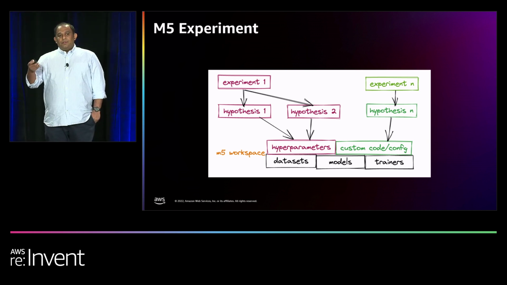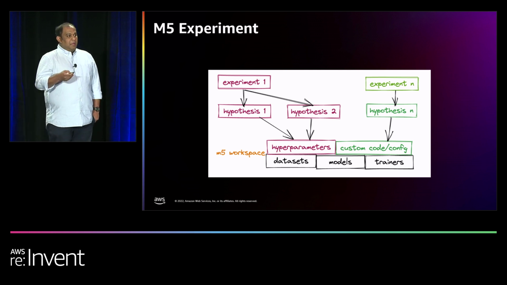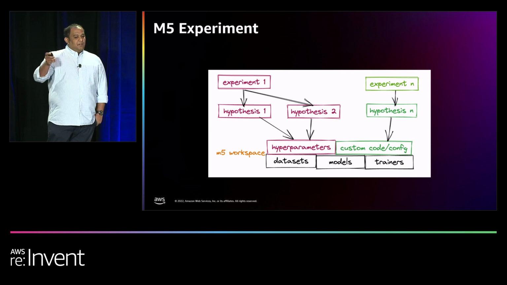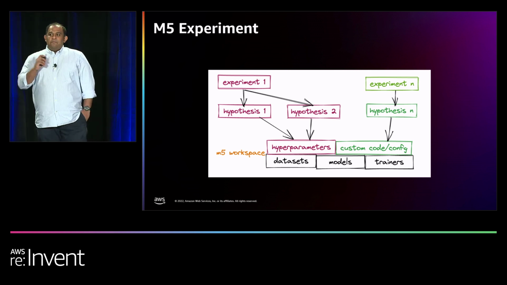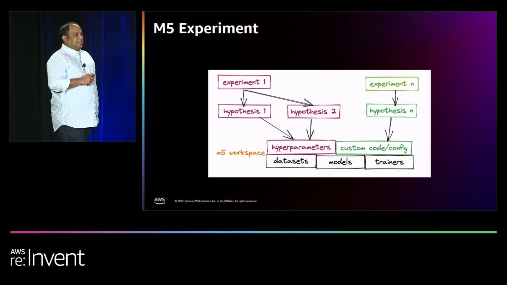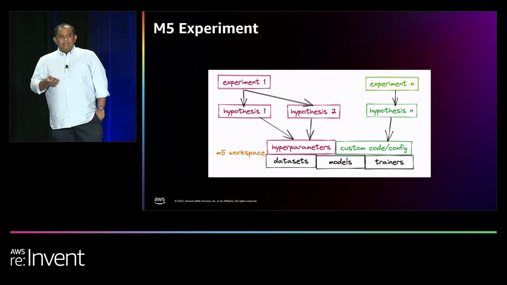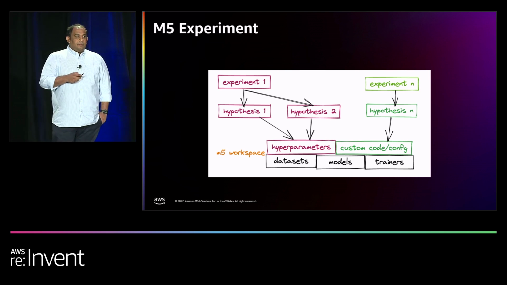When a new hypothesis comes after 1 or 2 months, people can relate to an experiment which was run previously and restart from that. So the 3 pillars that we believed in for experimentation were reproducibility, reliability, and debuggability.